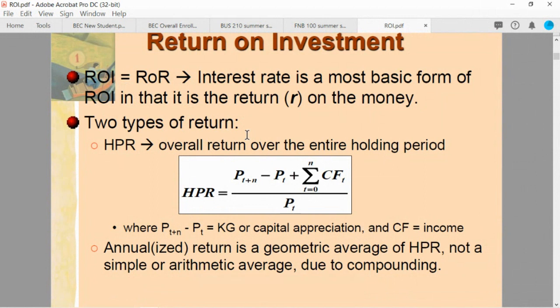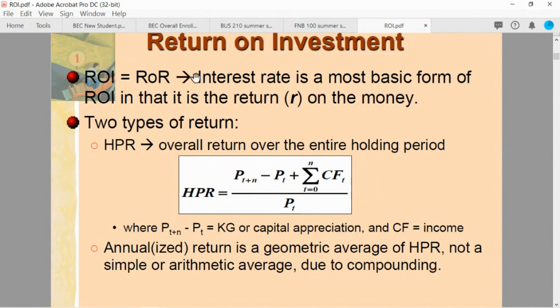We use the term very often, and obviously the whole objective of learning finance is to maximize your return on investment, right? The acronym is ROI, which stands for return on investment. Return on investment is basically the rate of return. The symbol for rate of return is R. R stands for rate, so it's rate of return.